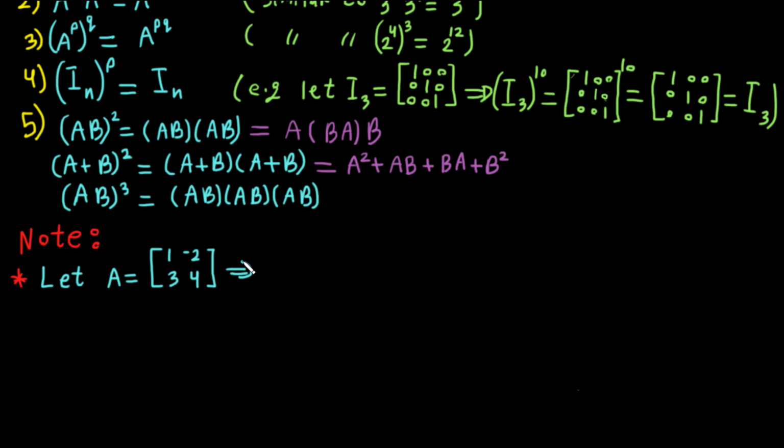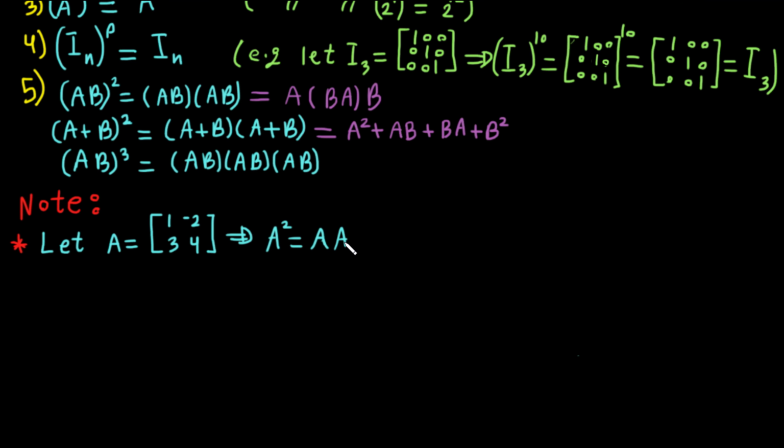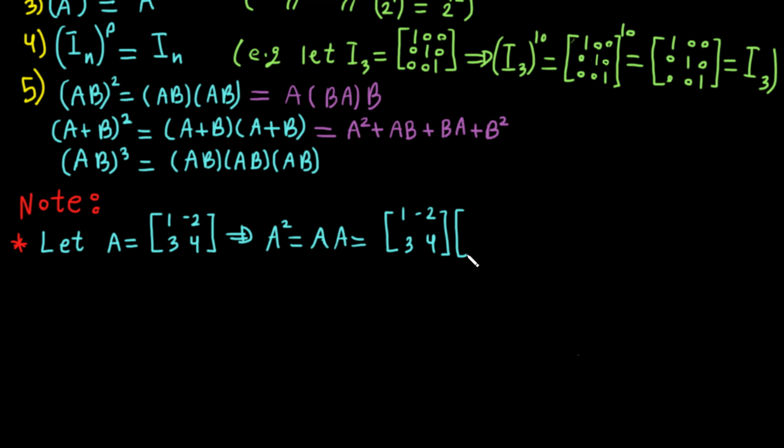Then if we want to square this A, A squared equals A multiplied by A. I will copy this one 2 times here, which is equal to: this row multiplied by this column.